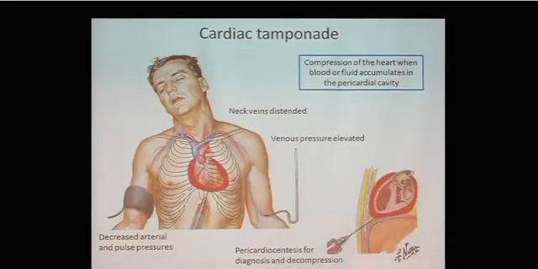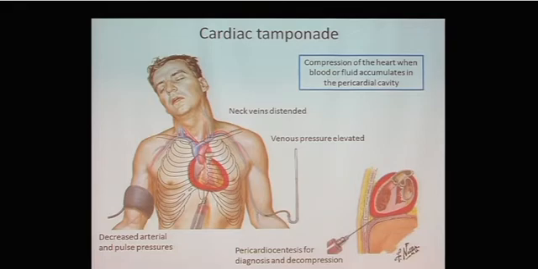So if you get extra fluid, either swelling, like an effusion, or blood, then since the fibrous pericardium can't expand, there's increased pressure on the heart tissue itself. And that can be life-threatening. It's very dangerous. So here's this example of the fibrous pericardium and blood filling the pericardial cavity and compressing the heart.